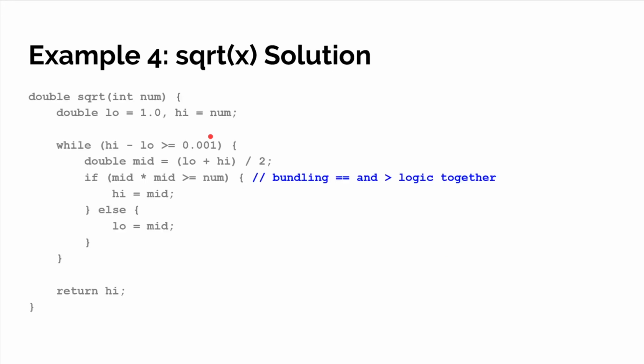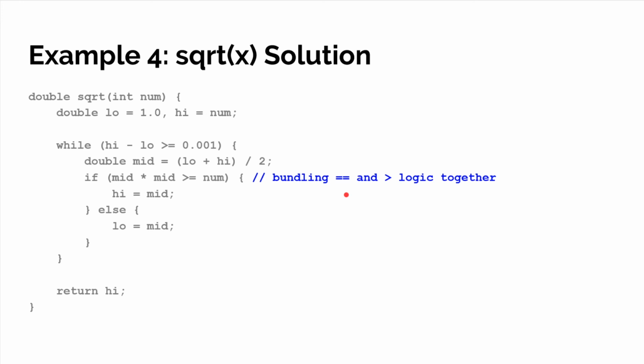Because that's how much accuracy we want, this guarantees that either low or high is within 0.001 of the answer. So we just use basically binary search. We use doubles now because we're not limited to integers. Low is equal to 1.0, high is equal to num. And while the difference between high and low is greater than 0.001, we just take the midpoint. We do our check.